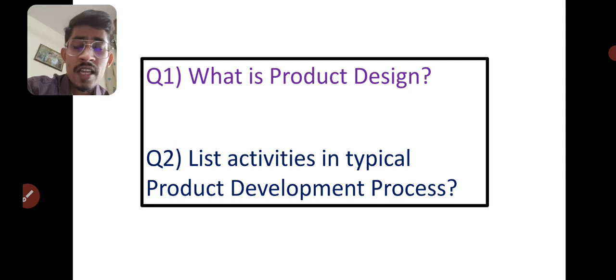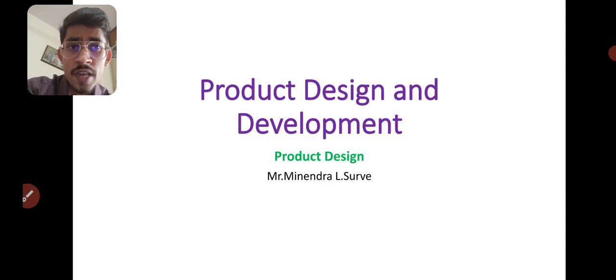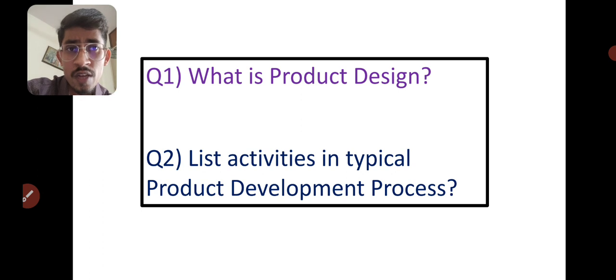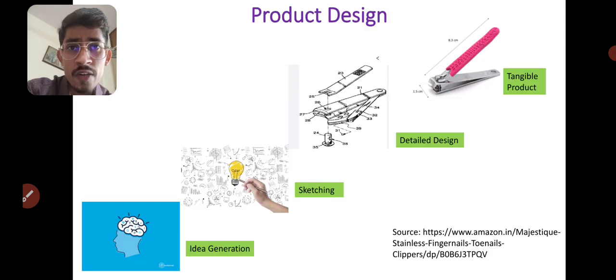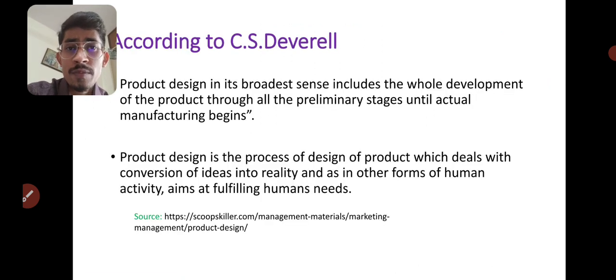So PLC stands on these four stages, and today we are going to discuss product design: why we need to design a new product, and what the various definitions of product design are.